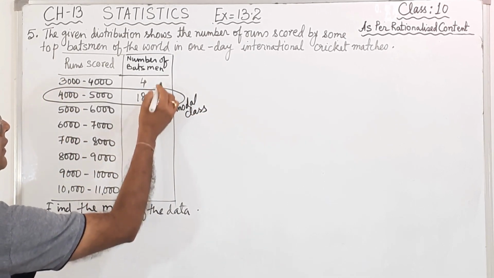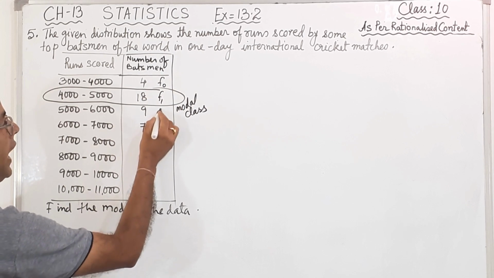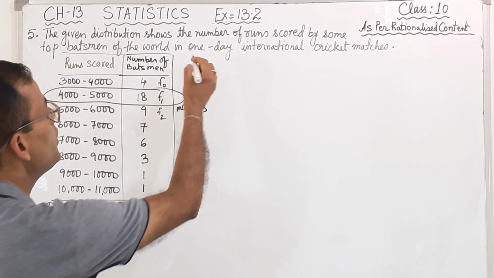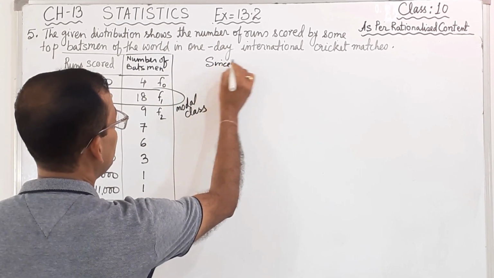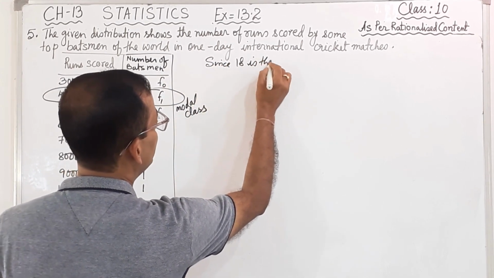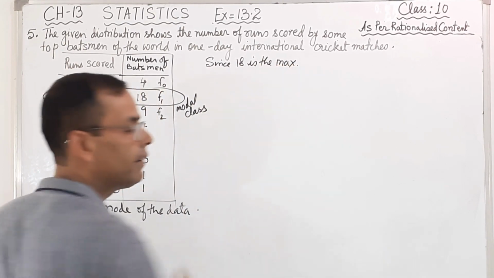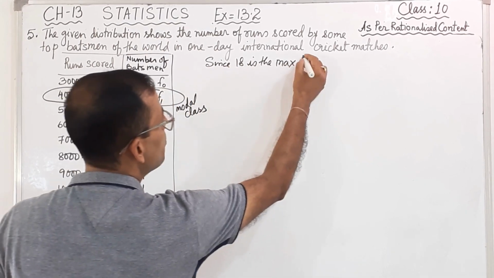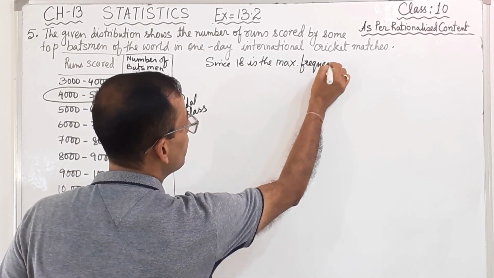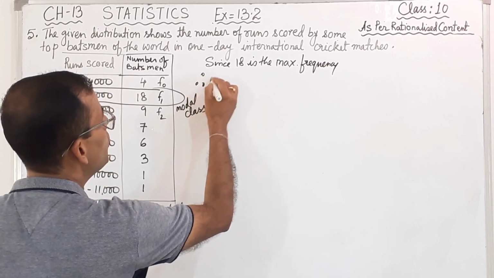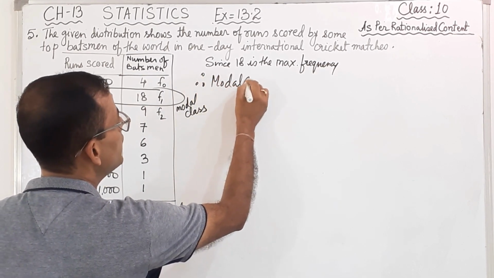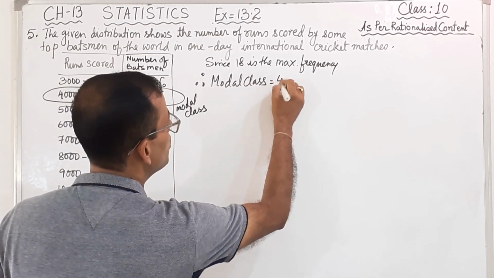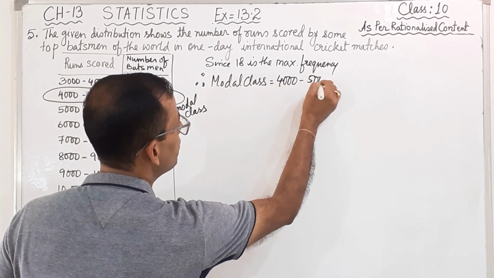This is F1, the previous one is F0, and after F1 is F2. Since 18 is the maximum frequency, therefore modal class is 4000 to 5000, 4000 dash 5000.